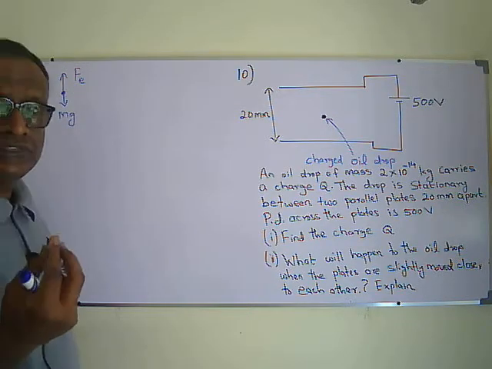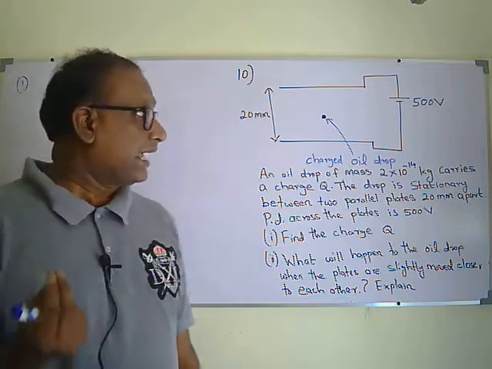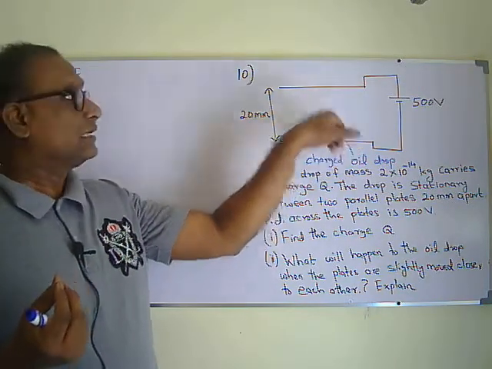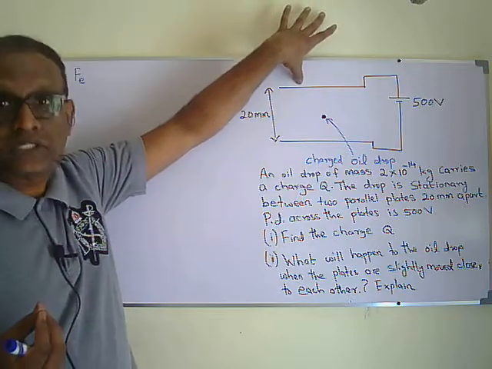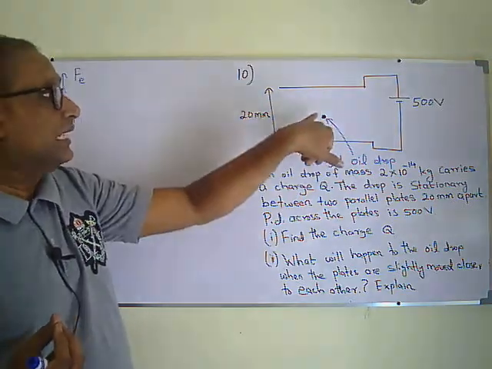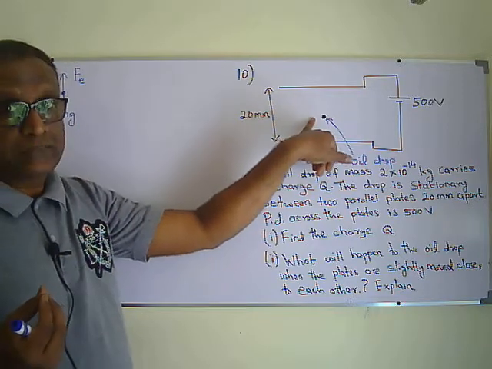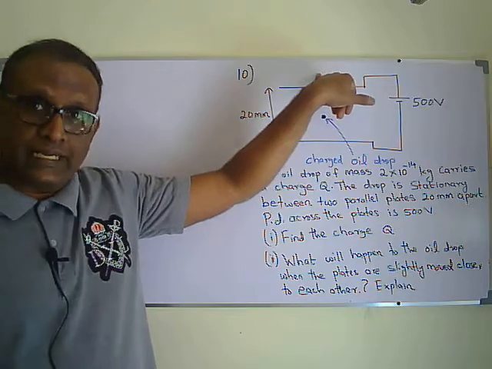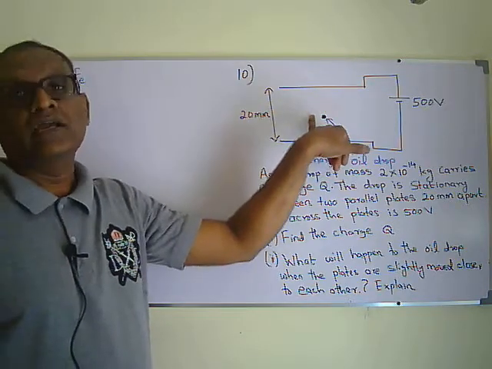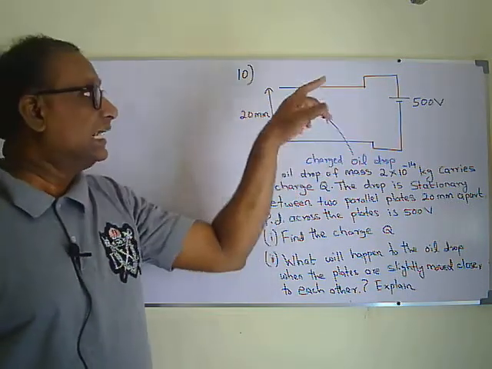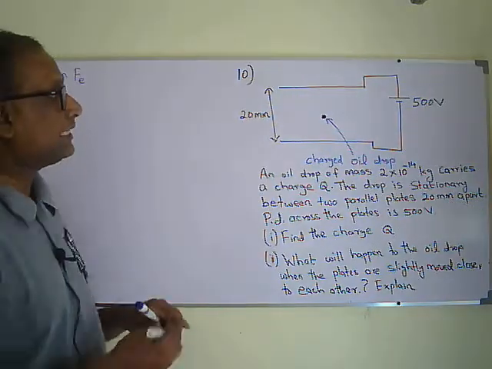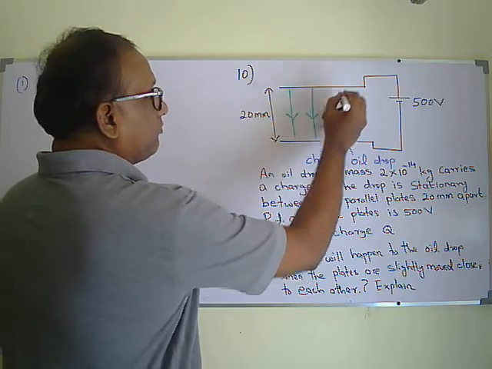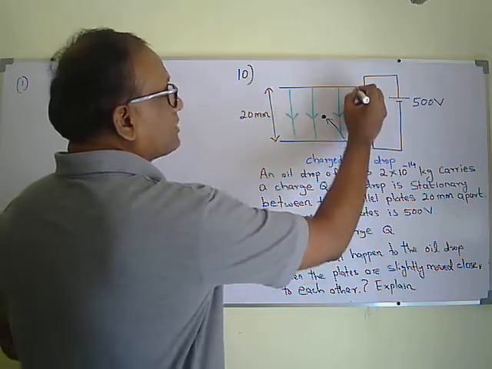So what type of charge is it carrying? Actually, the oil drop is carrying negative charge because the upper plate is the positive plate, right? The oil drop is experiencing an electrostatic force towards the positive plate, so it should carry a negative charge. The electric field lines will be from positive to negative plates, a uniform field.